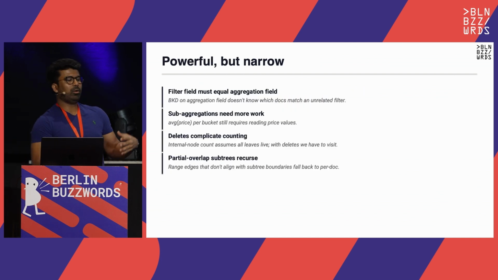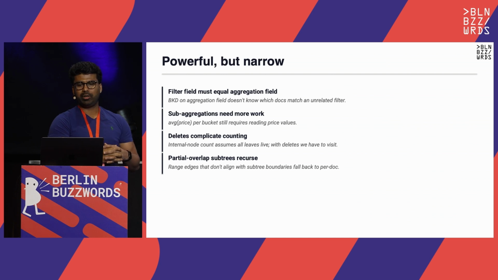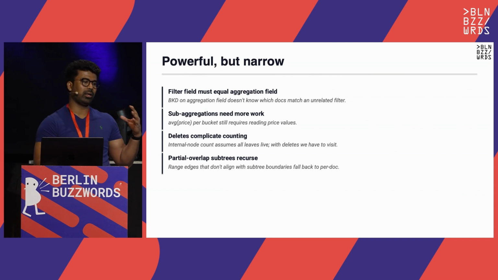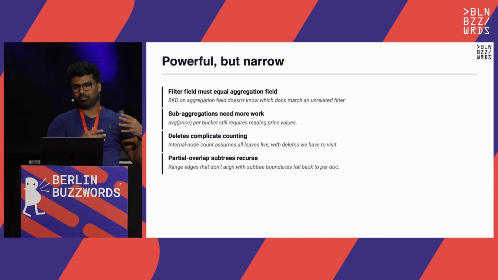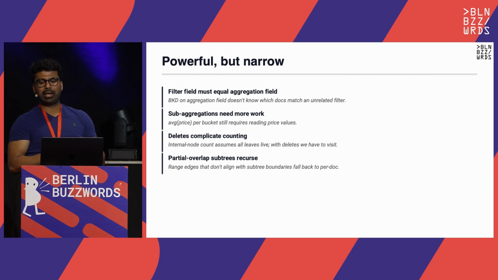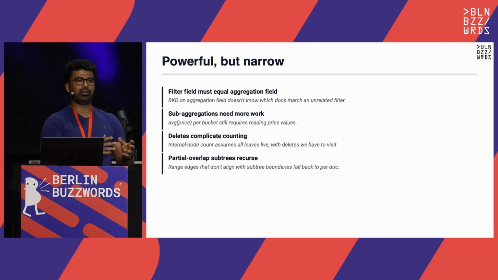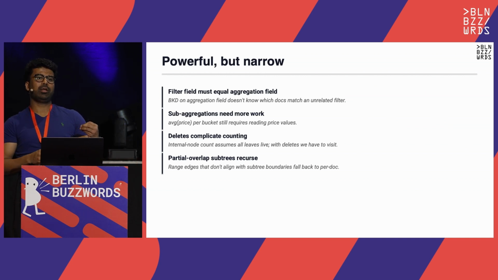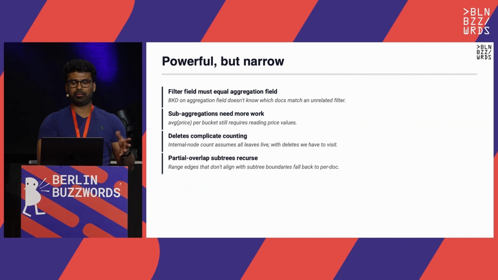Now, we were able to get 100x improvement without visiting the documents, but we were not able to stop here. We were thinking a lot from the search perspective, because we already had this inverted index in the form of BKD, and that biased the optimization towards a narrow shape. For example, our query, if you remember, is just saying, all the data, give me an aggregation on monthly buckets.